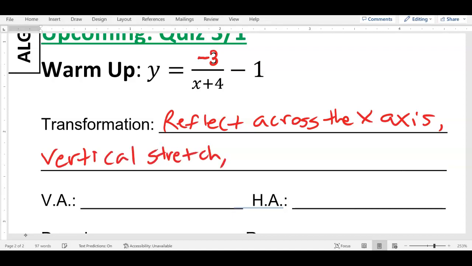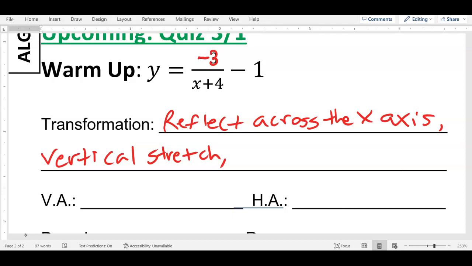Okay. So everybody, when the number on top is bigger than 1, it's a vertical stretch. If for some reason it was less than 1, it'd be a vertical compression, right? So if you had like 0.5 or like 1/3 on top, which is weird to have a fraction within a fraction. But anyways, like a decimal less than 1.